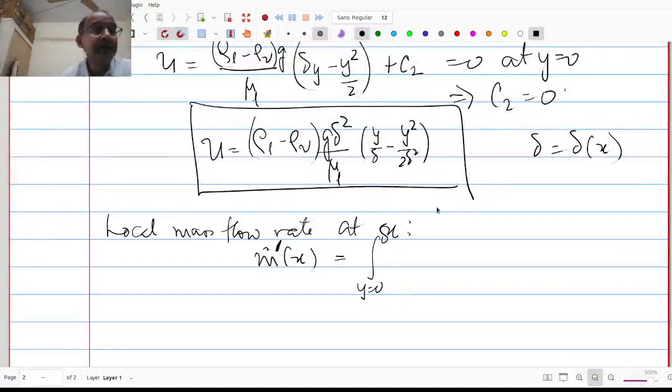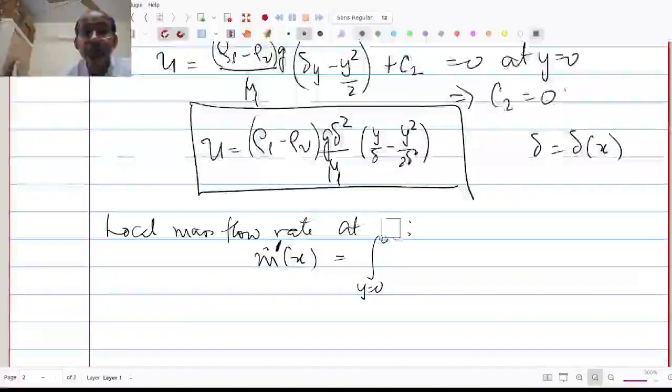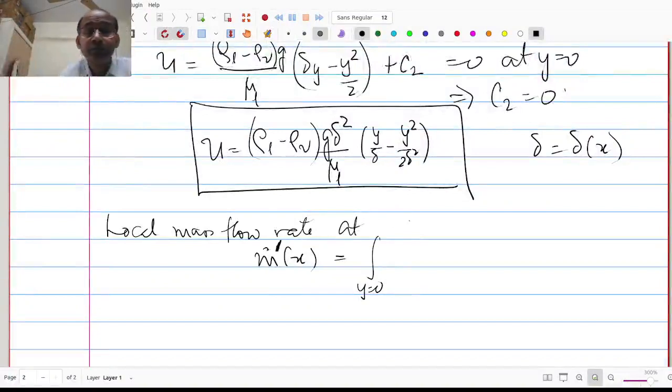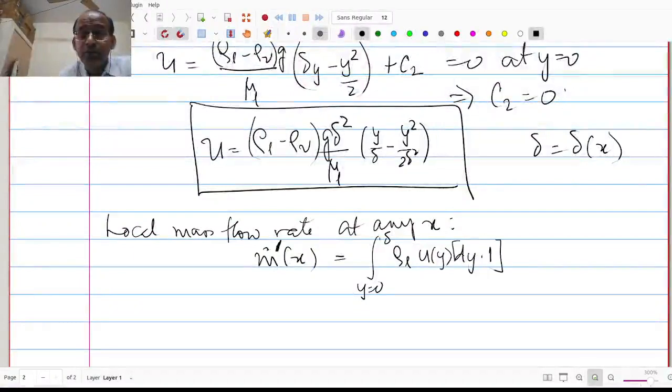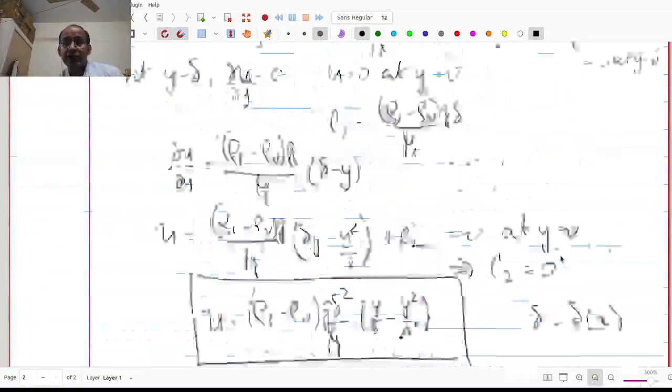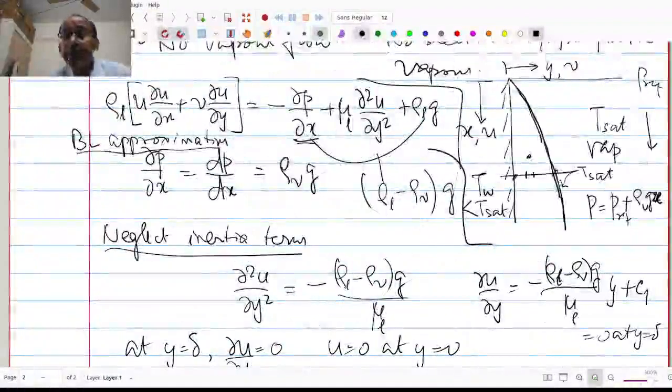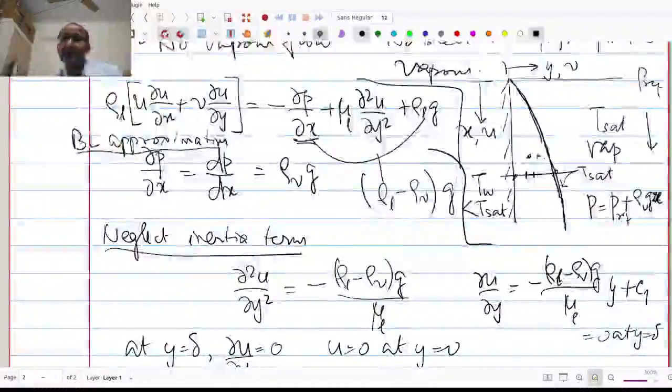So m dot prime is the integral from 0 to delta of rho L into u of y dy into 1, because dy is the thickness, this component, and the area will be dy multiplied by 1 since the depth-wise distance is 1 meter.